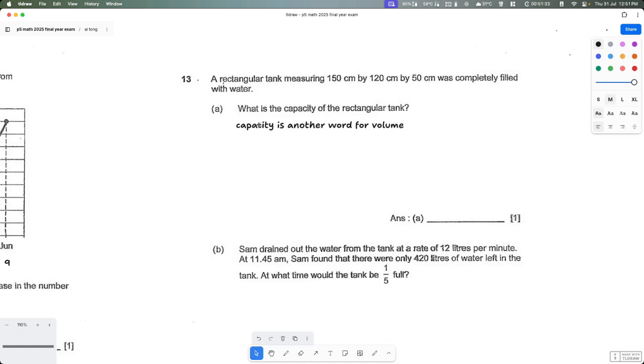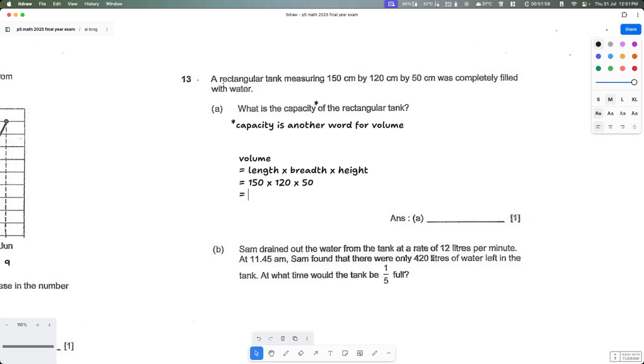Just to have a simple understanding of that, I'll put a star here as well. So that means volume or capacity is equal to length times breadth times height, and in this case it's equal to 150 times 120 times 50.